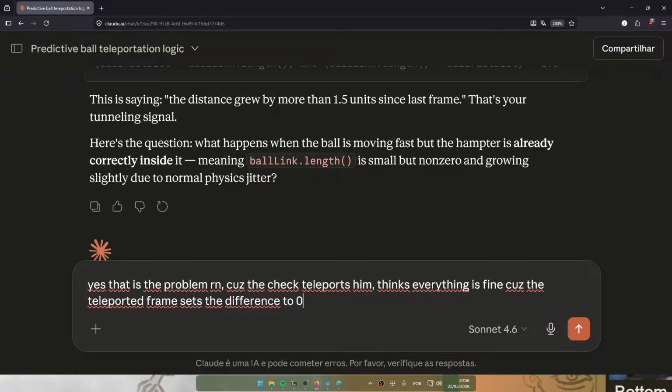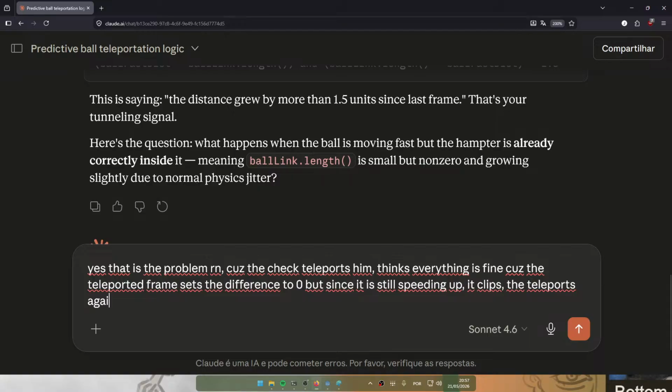But since it is still speeding up, the distance clips, then teleports again, thinks it's fine.